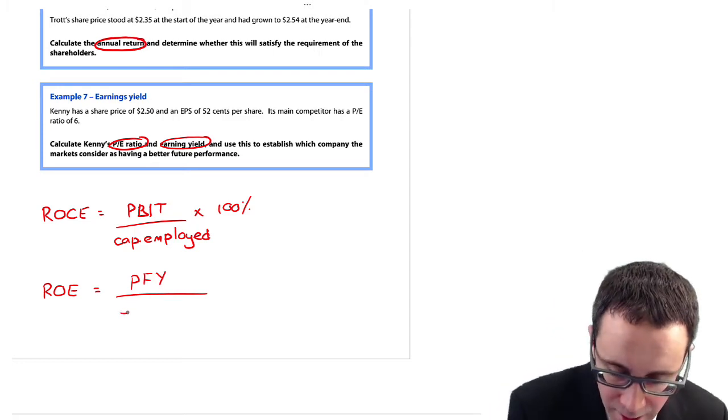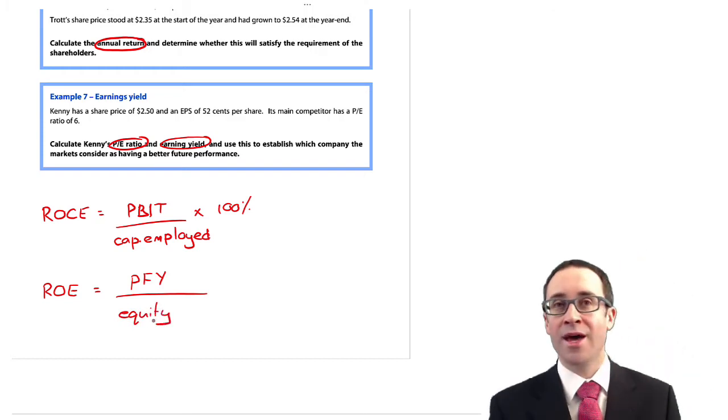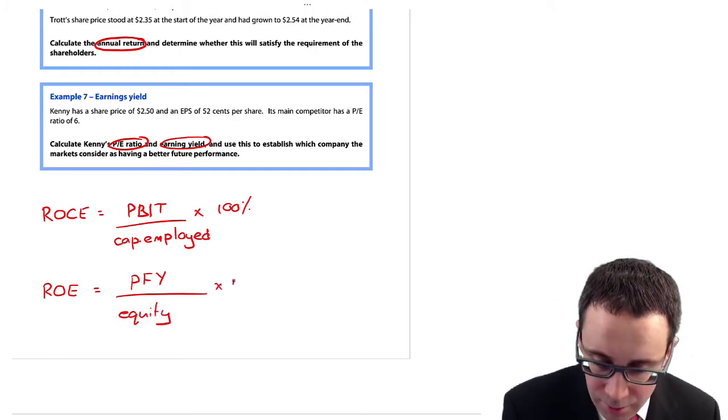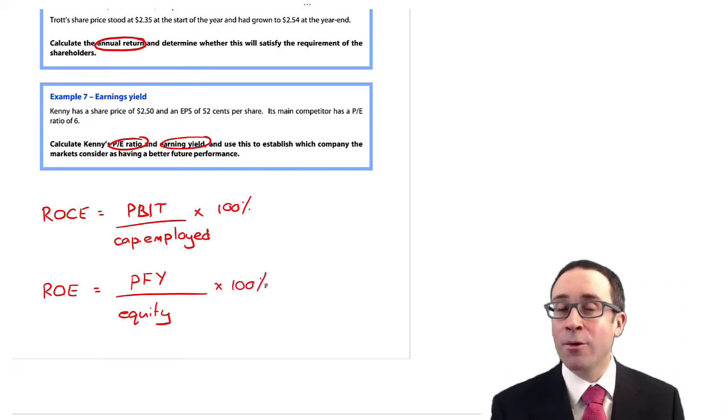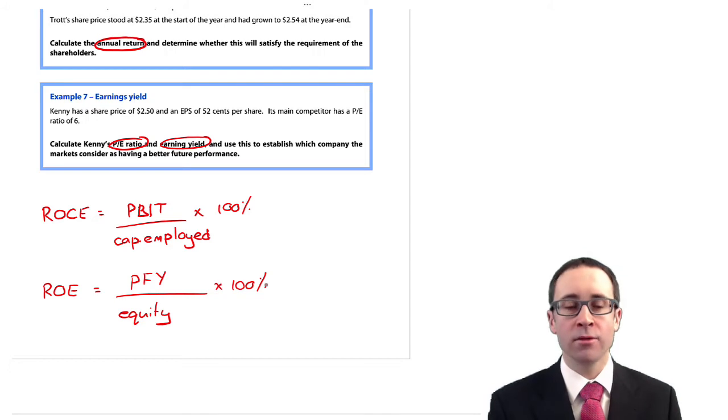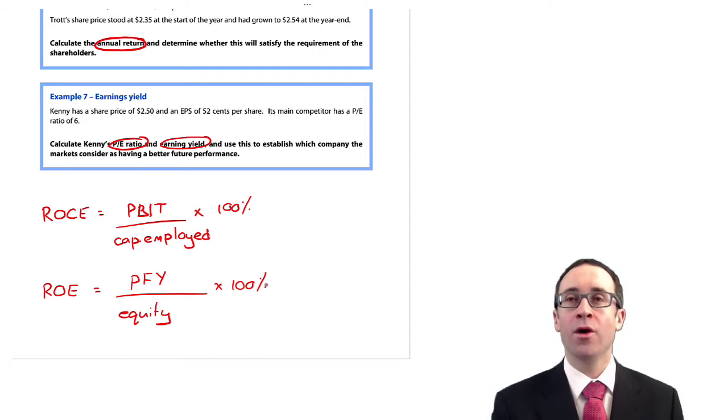And then the return that they get is based upon the equity that they have invested. So that gives us a return for the equity holders only. And that will be different, won't it, from the return that the overall business has generated for both the equity and the debt holders. Okay, happy with that?